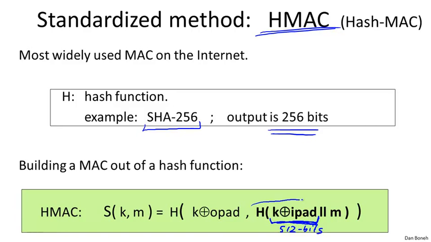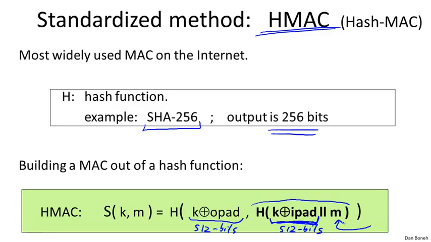Now this by itself, we just said, is completely insecure. However, what HMAC does in addition is take the output, which is 256 bits, and prepend to that the key again, XORed with what's called the outer pad, the OPad. This also becomes 512 bits. It's one block. And then it hashes the combination of these two to finally obtain the resulting tag on the message m.